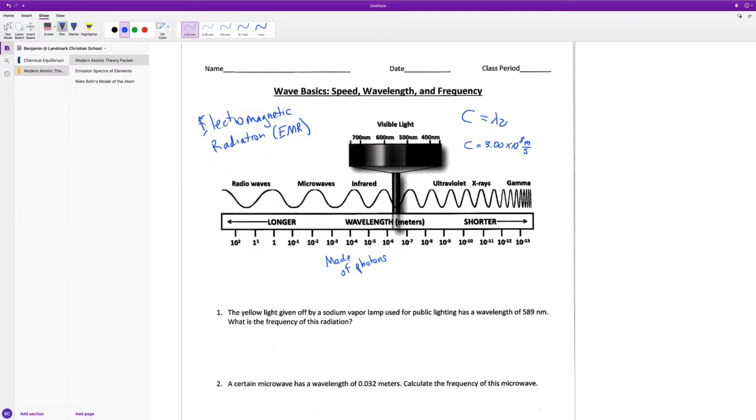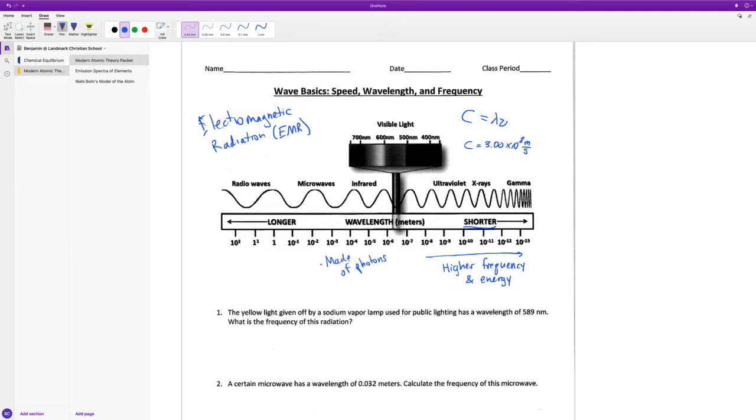Okay, but I did mention that this stuff over here is the energetic stuff. The further we go this direction, the shorter the wavelengths become, but the higher the frequency. So this is a higher frequency, so it's oscillating more and more quickly, and the higher the energy. And it's actually per photon, so each little particle of that light is more and more energetic.